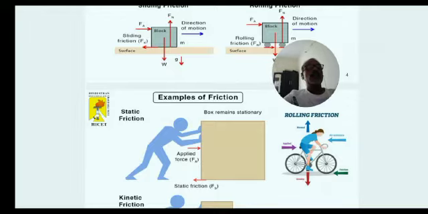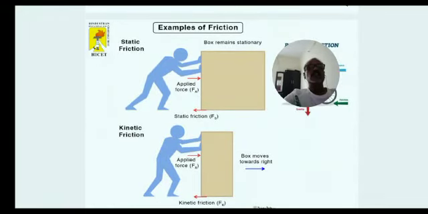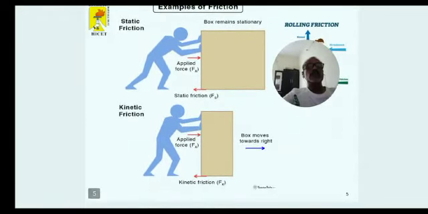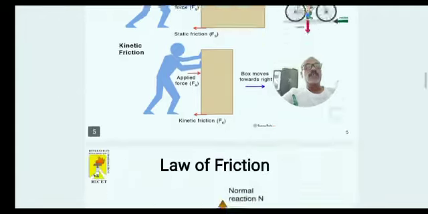When force is applied to the pedal and the motion is forward, frictional force is produced between the floor and the wheel. Then kinetic friction: the force is applied on the left-hand side, and the box moves towards the right. This is called kinetic or dynamic friction.